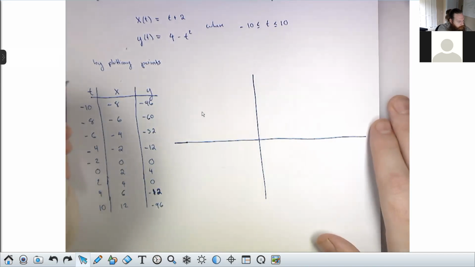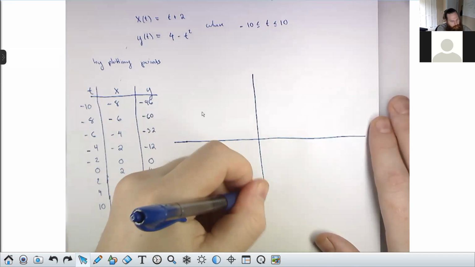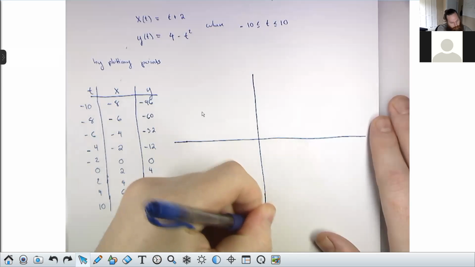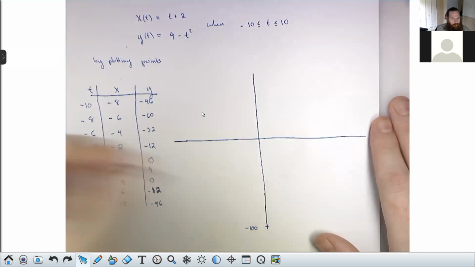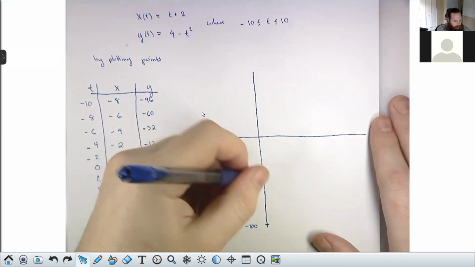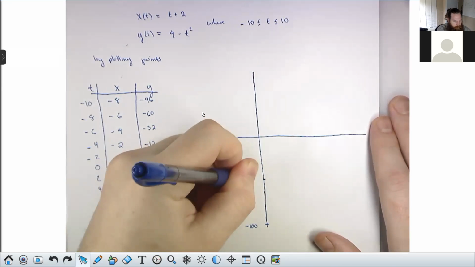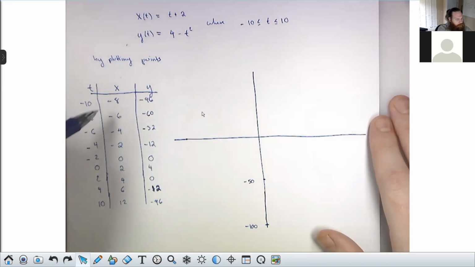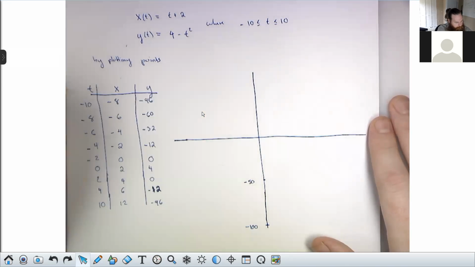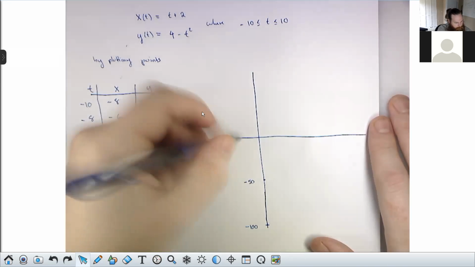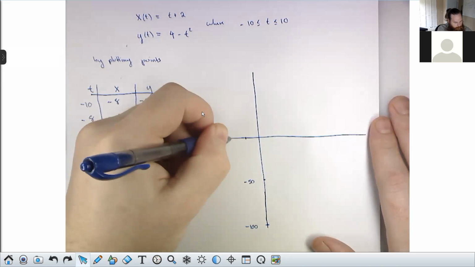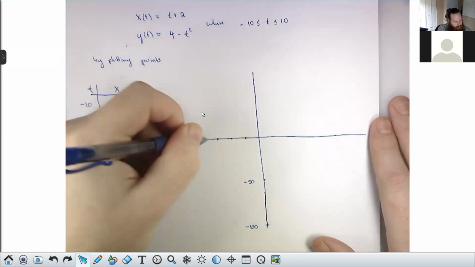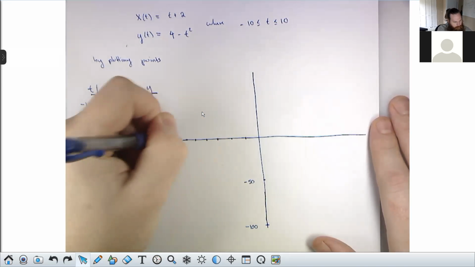So I need these y values to go all the way down to like -100, but we're going to take big steps. We'll call this -100. Should make this like -50. And we'll kind of approximate. My x values, we'll say 2, 4, 6, 8, 10, 12.